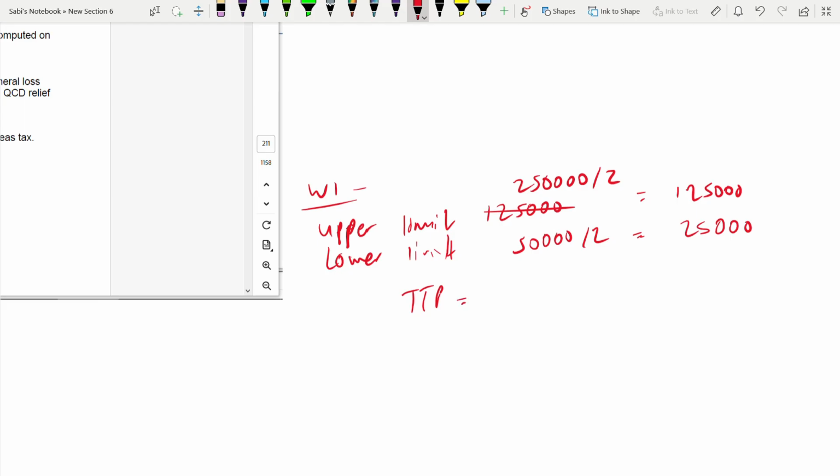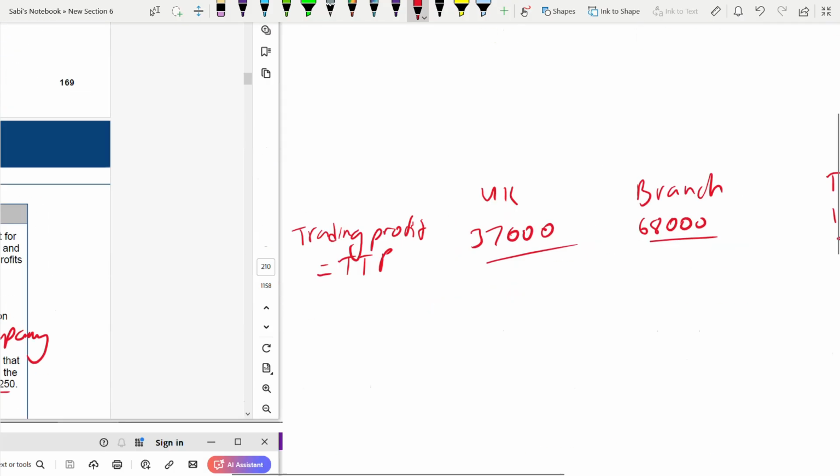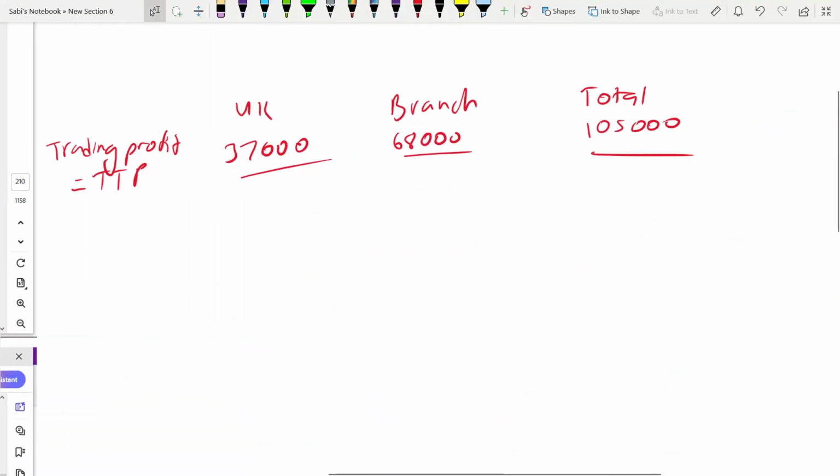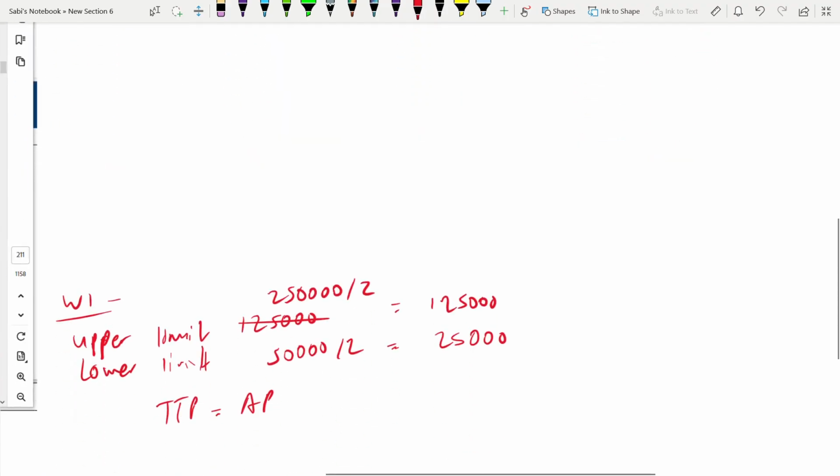If it was from outside, then you have to add it with your TTP to get your augmented profit. Now TTP is equals to your augmented profit, and if you see the limit of the profit, it's 105,000. 105,000 falls between these two. So marginal relief applies. MR will apply in this case.